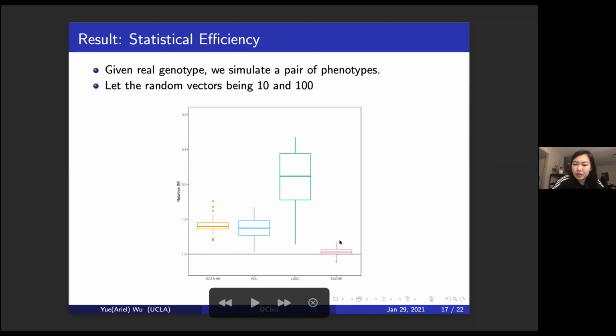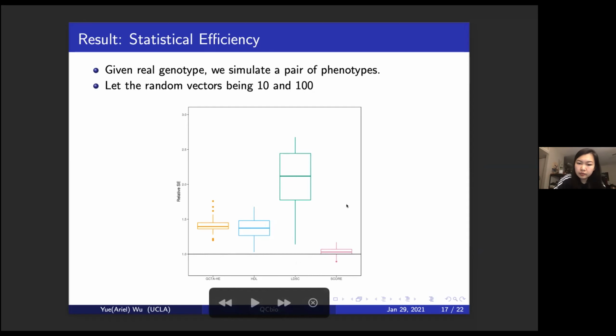And then we see that our method SCORE has a small standard error, so it's very close to the likelihood-based method actually. And then we see the summary stats methods, HDL and LD score here, especially LD score, they have very big standard errors compared to our method and the likelihood-based method.